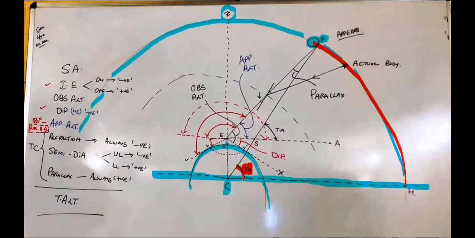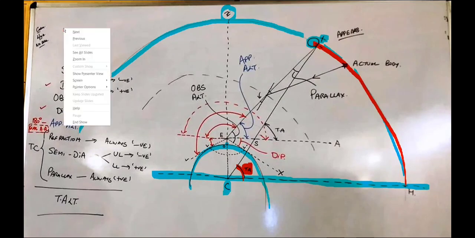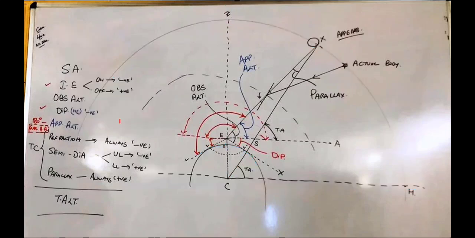Now the angle which we obtained from the sextant, what angle do we obtain from the sextant? See, the observer's eye is at point E. This is where the observer's eye is. Now when the observer sees the body, this is the line of sight. And the observer sees the visible horizon.